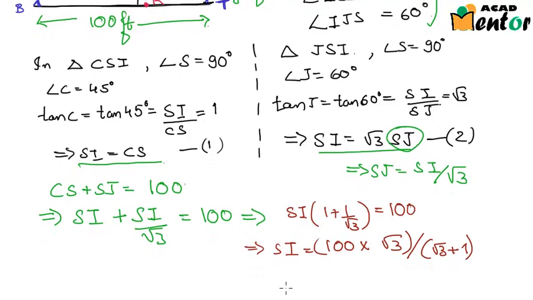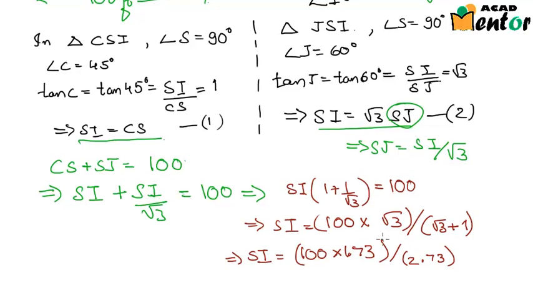Now if I just replace root 3 by 1.732, I will get SI is equal to 100 feet into 1.73 divided by 1.73 plus 1, or I can write it as 2.73. And we can easily solve it, and we would have SI is equal to 63.37 feet. Now this is the measure of SI.